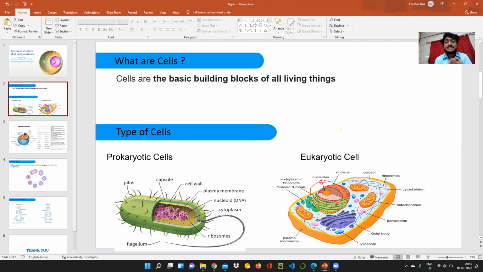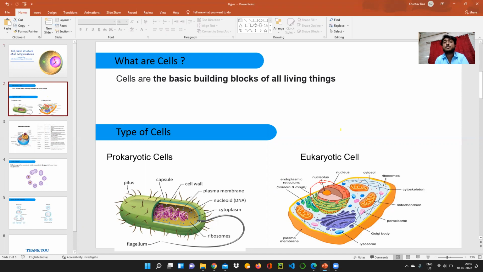Cells help us in moving our hereditary information from our generation to the next generation. Cells help us to transport nutrients throughout our body. Cells help us to break down foods and produce energy, and many more things.